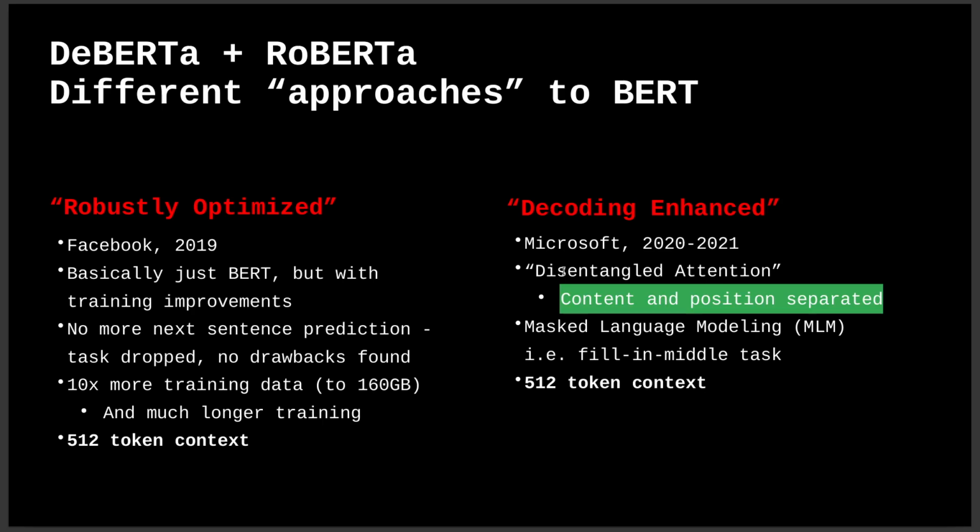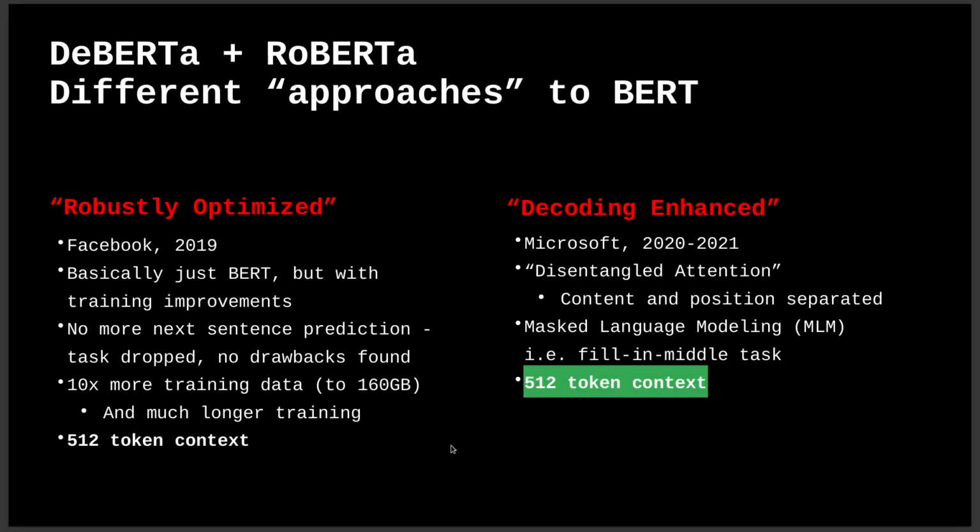A word that means the same thing in a different place in the sentence should have a similar semantic vector, and disentangled attention is one way to work towards achieving that. But yet again, we did not go past BERT's original 512 token context.